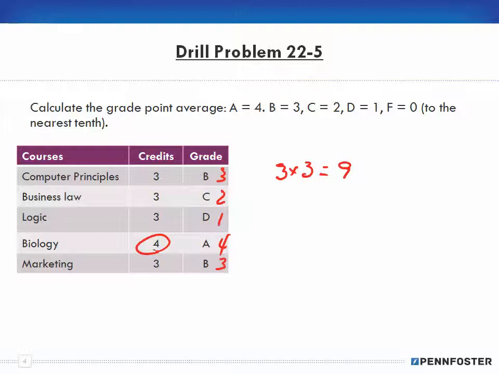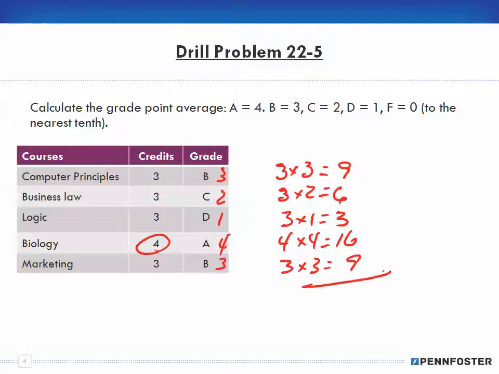But because we have a different number of credits here, we have to do it as a weighted average. So 3 times 2 is 6, 3 times 1 is 3, 4 times 4 is 16, and 3 times 3 is 9. So now we add all of those up, and what do we get here?